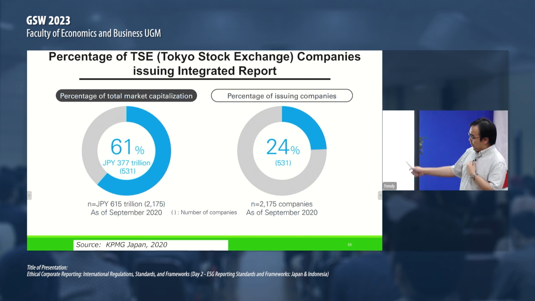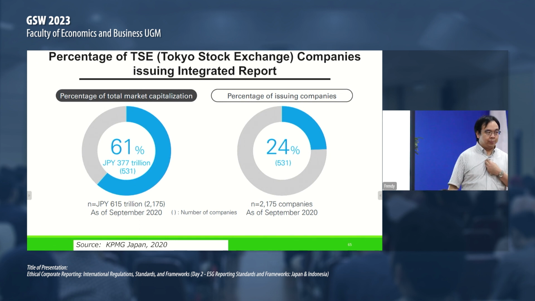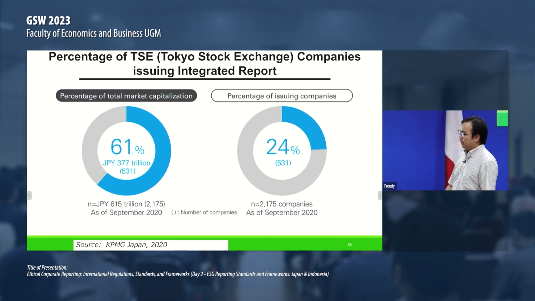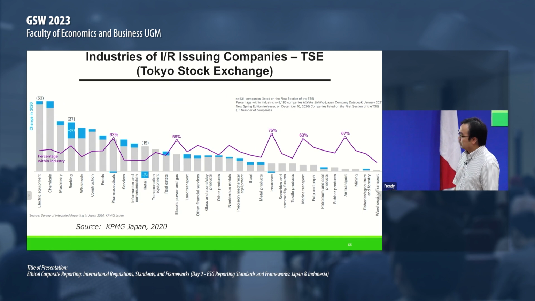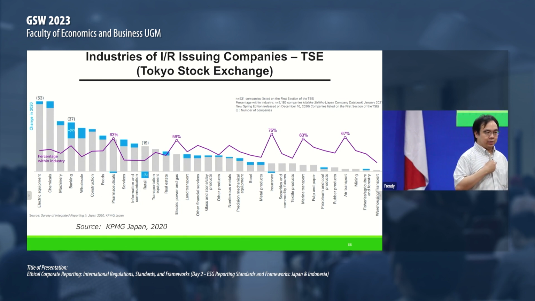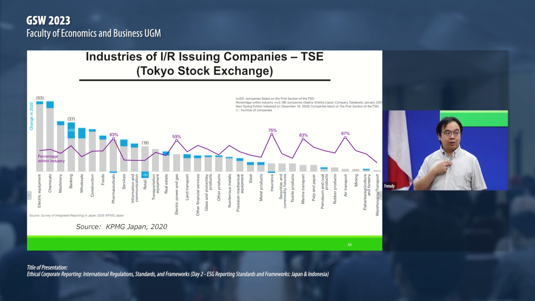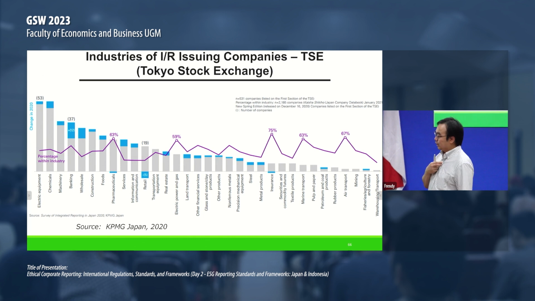And the good thing is, among all of these companies who publish the report, they represent the biggest companies in the market. Okay, so here you can check in more detail later what types of industries publish integrated reports. And we see that it's not uniform across the industry.